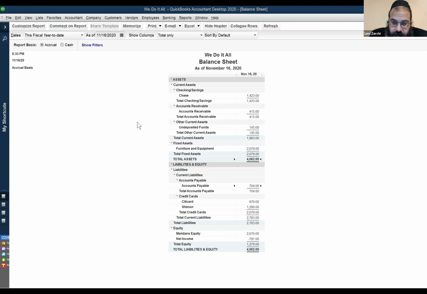They're 4137, not 4062. That means they have an extra $75. So they should check whether maybe they billed someone $75 more. So that's one way to quickly check for errors.